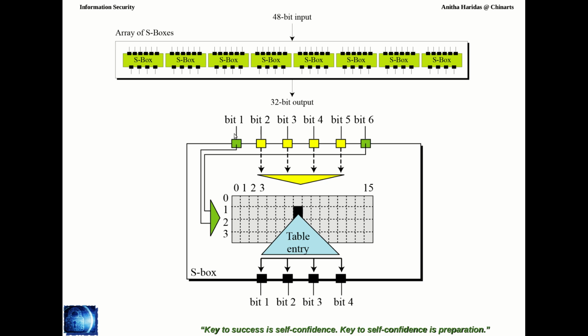I repeat, bit 1 and bit 6 will be taken as the row index of the S-box table, and bits 2, 3, 4, 5 will be taken as the column index of the S-box table.